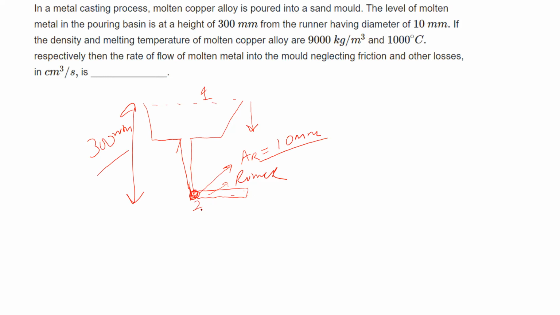I thought the height of the pouring basin is 300 mm. No, the level of molten metal in the pouring basin is at a height of 300 from the runner. Okay, sir. So you won't be getting the answer this way.